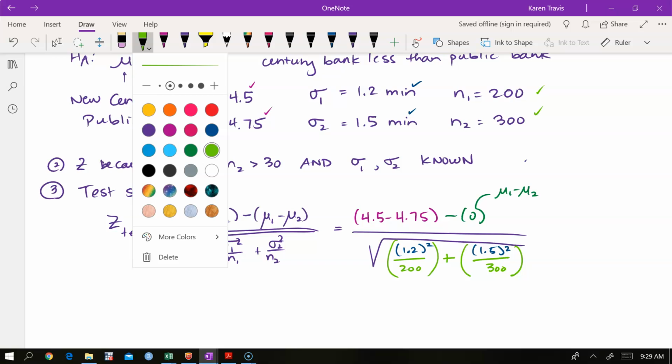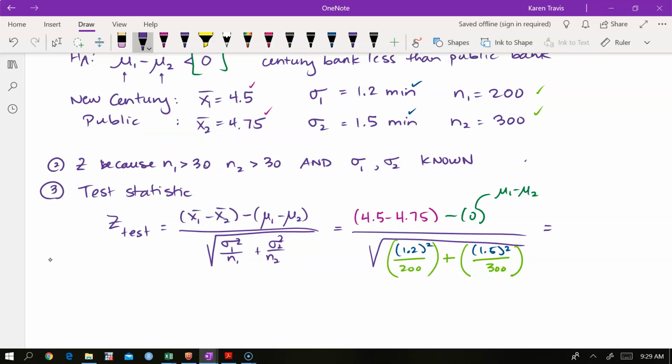So after you complete that, we are going to find that our z-test statistic will be minus 2.06.